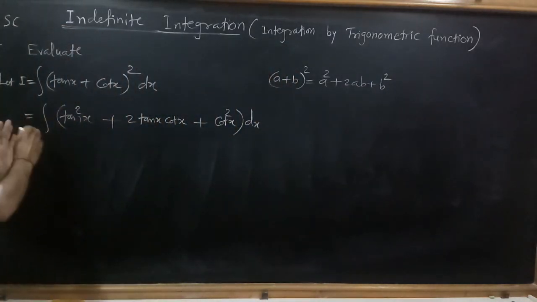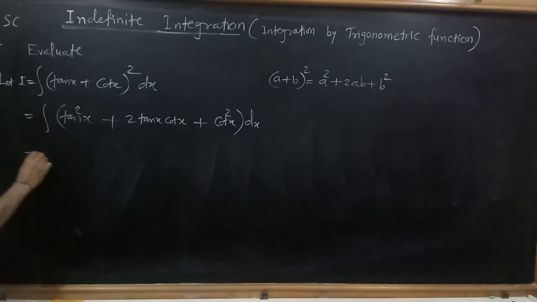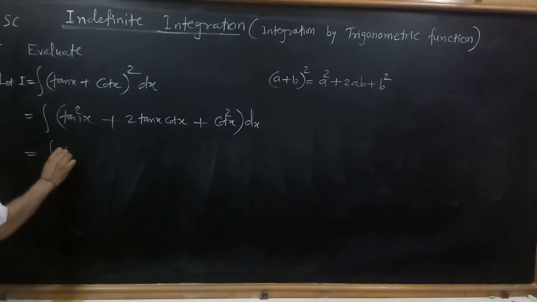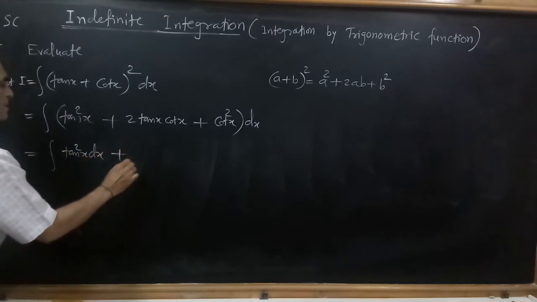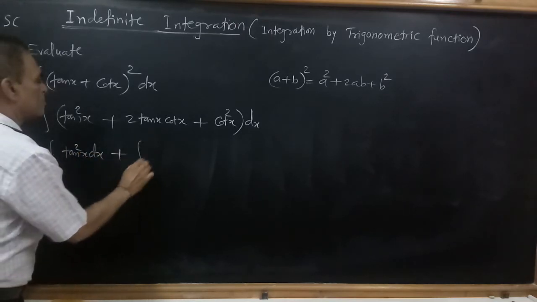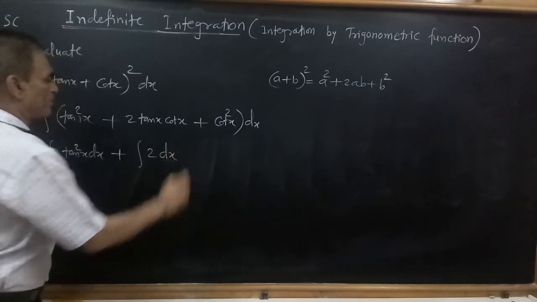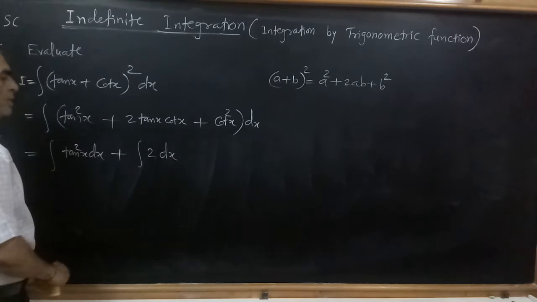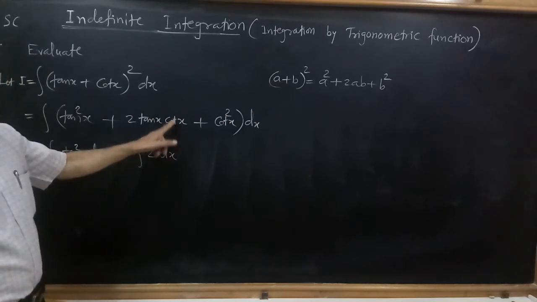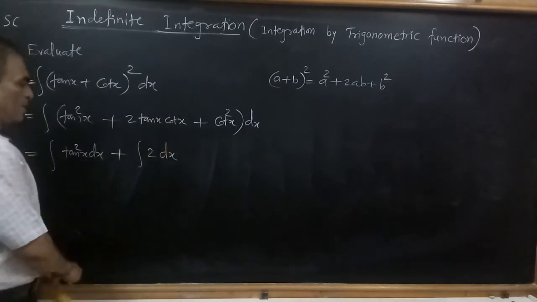Then separate the integrations: integration of tan square x dx plus integration of 2 dx. Why have I written only 2? Because cot is nothing but 1 upon tan.